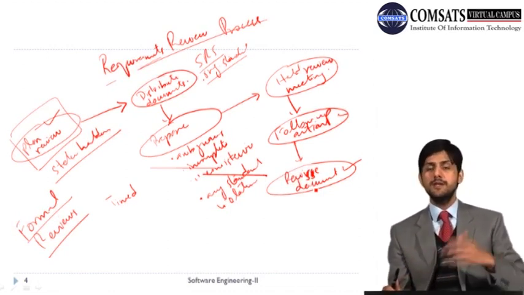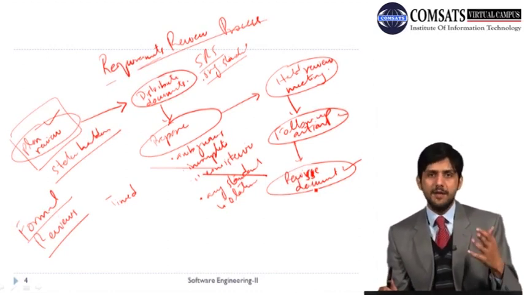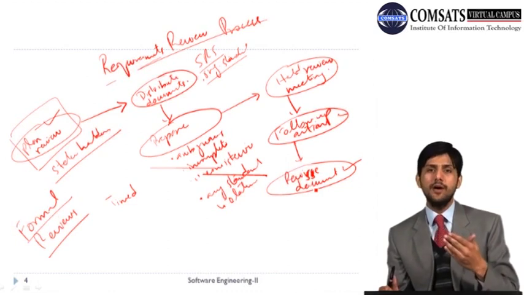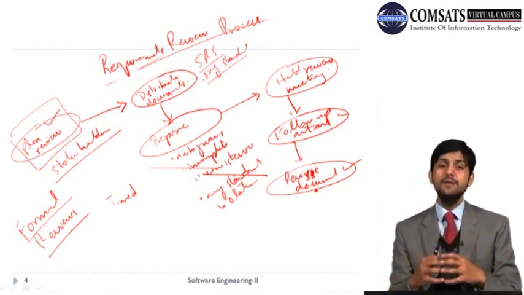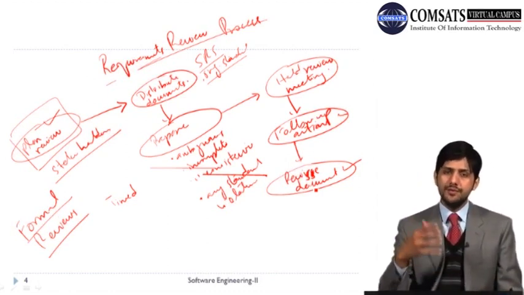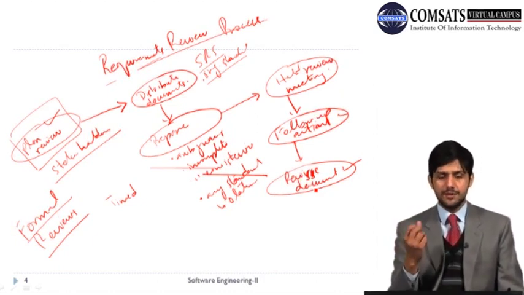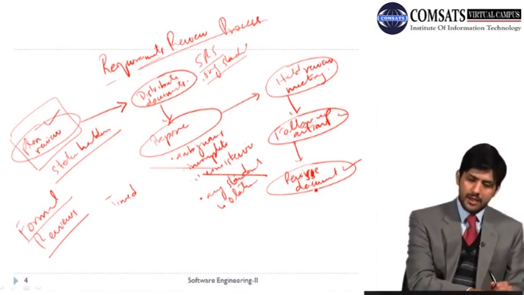Maybe those people, because they are not domain experts, are not able to identify any technical problems, but they would figure out if there are any typing mistakes, any missing requirements, and they would also be able to identify any inconsistencies. So it's always a good idea to go through a pre-review process before actually going through this formal review for validating your software requirement specification document. So that is what we discussed in our previous lecture.